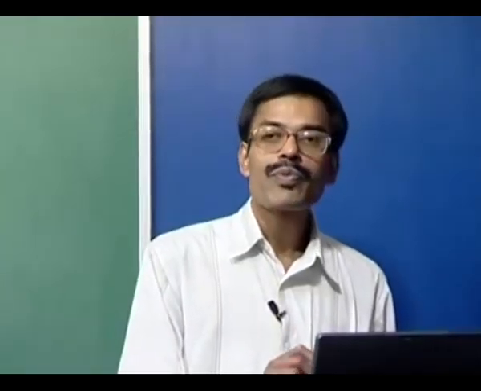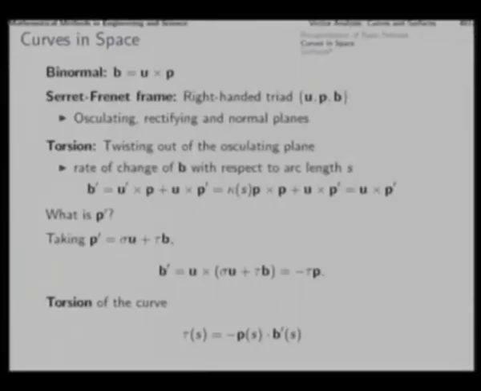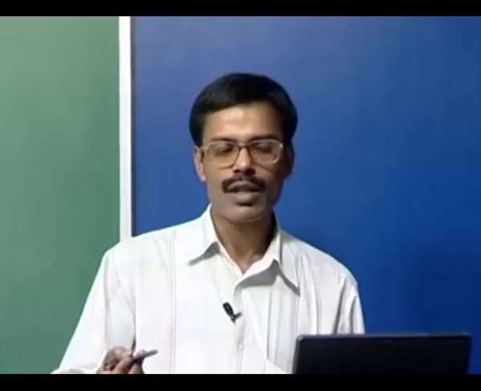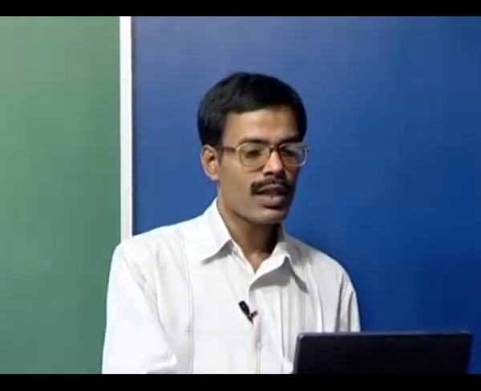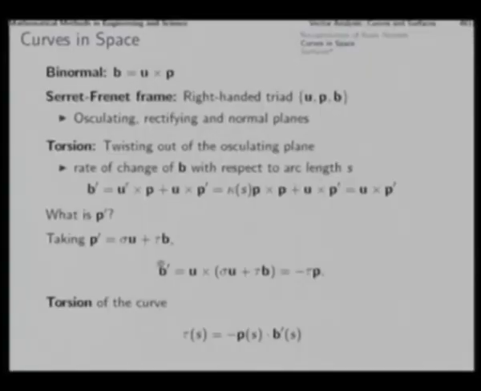Now, you see that earlier we defined u prime and we got that as kappa into p when the parameterization is with respect to the arc length. Now, we have defined and got an expression for b prime. Now, out of the three vectors u, p and b, for two of them, for u and b, we have described how they change, that is we have evaluated their rates of change, u prime and b prime.